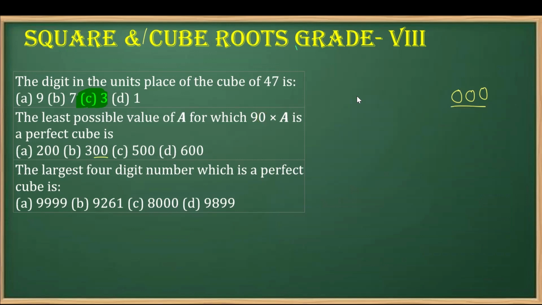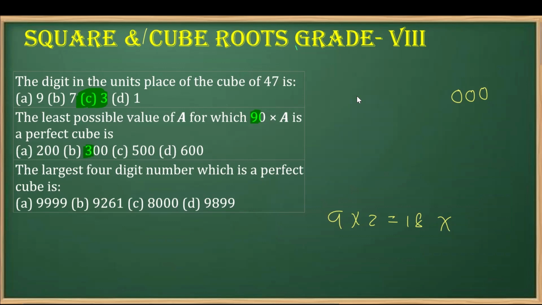Now we need to check only this part. That is 9 multiplied by what? 9 multiplied by 2 is 18, and it is not a perfect cube, so discard it. Similarly, we are going to multiply 9 with the first digit only, 3.